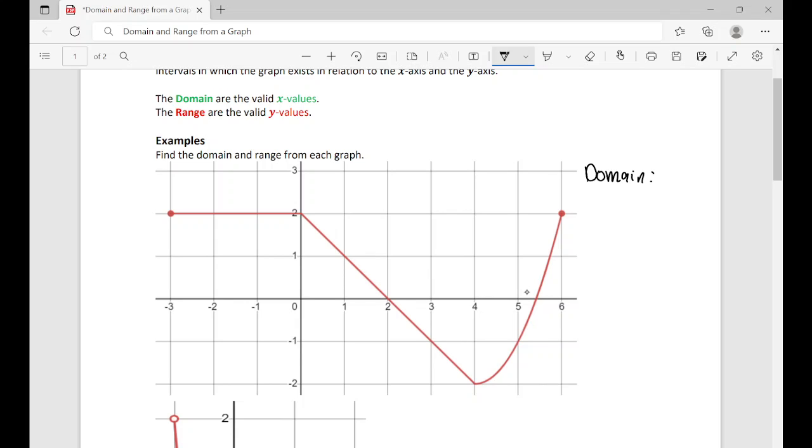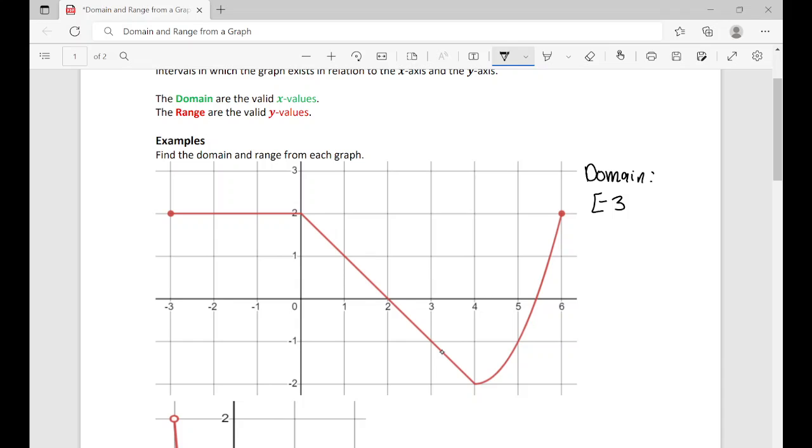And so we look here to the leftmost part of this graph, which is this part, and the leftmost x value here is -3. And since it's a closed circle, we're going to say it's a bracket. Again, this value here is -3, so bracket -3. And we follow this along and we see that it's continuous.